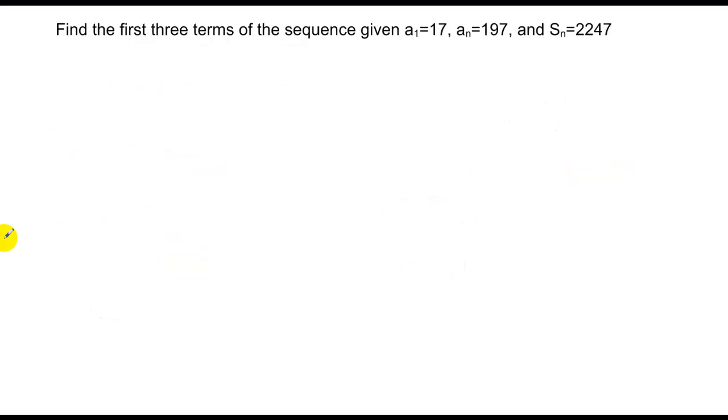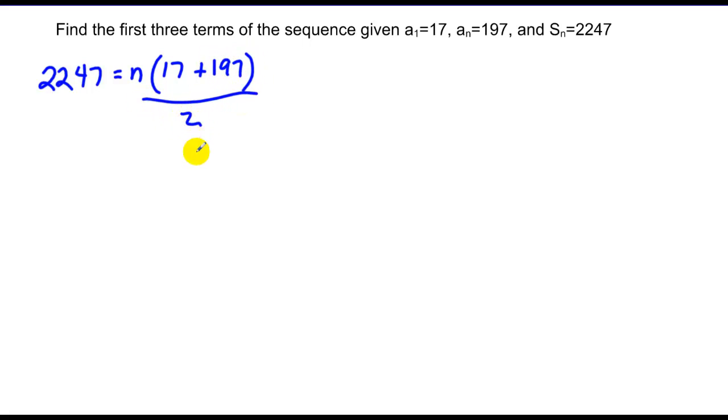Next, we want to find the first 3 terms of a sequence given the first term, the last term, and the sum of all the terms. But we don't know the number of terms. So in this case, we have the sum is equal to the number of terms, which I don't know, multiplied by the first term plus the last term over 2.